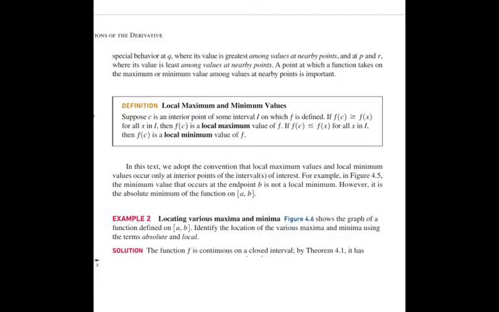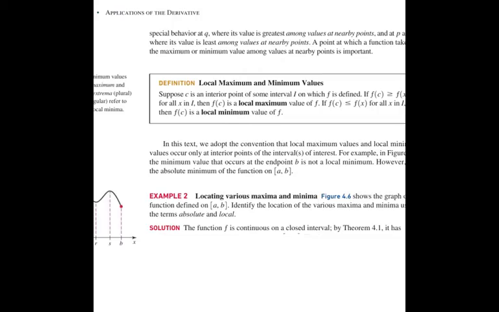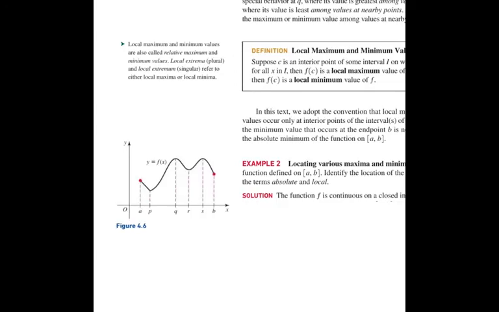So let's look at this example 2. Locating various maxima and minima. Figure 4.6 shows the graph of a function defined on the closed interval ab. Identify the locations of the various maxima and minima using the terms absolute and local. Okay, so we have this over here. Let's see. It looks like we have an absolute minimum at x equal to p.